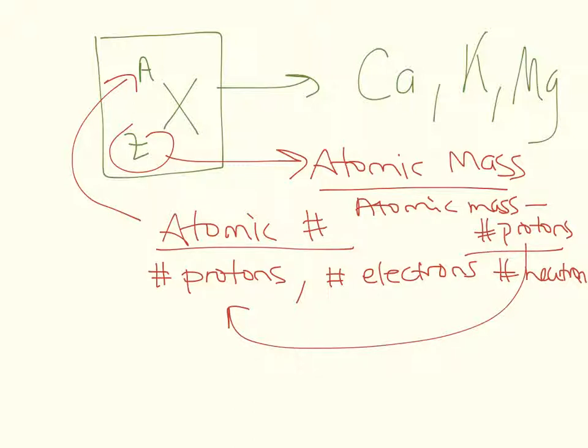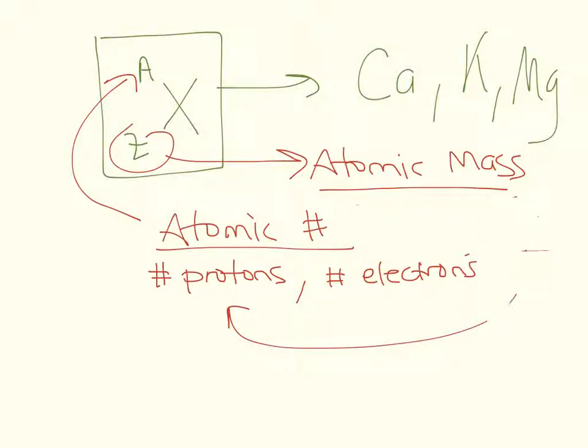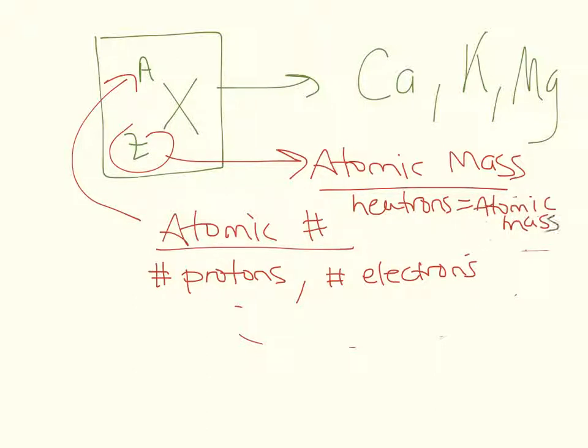So I'm just going to erase this a little bit so I have some room here. The atomic mass does tell us the neutrons we have. So neutrons equals the atomic mass minus your atomic number.